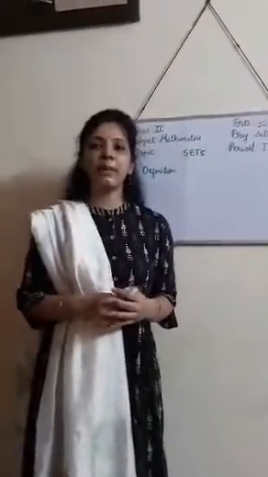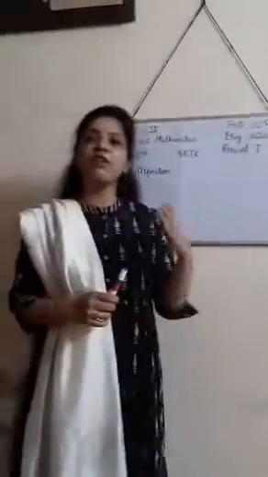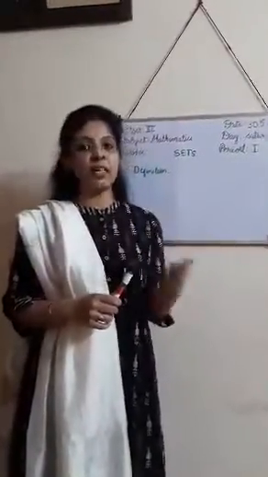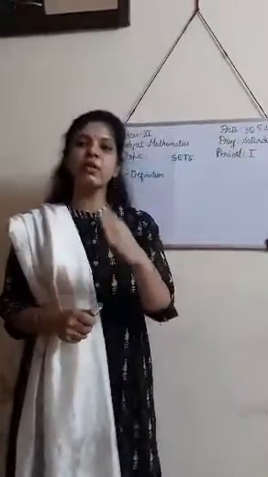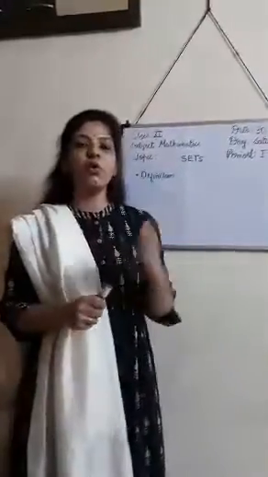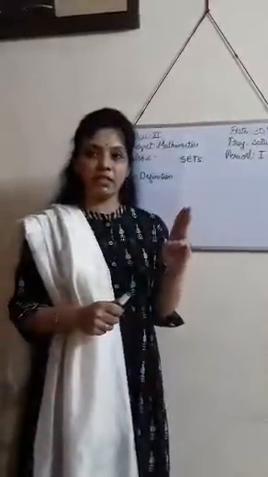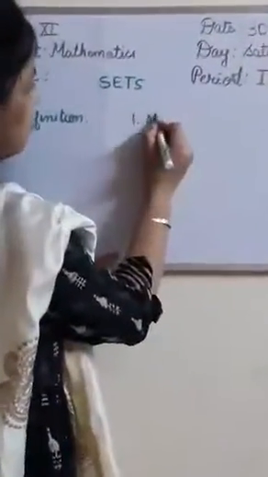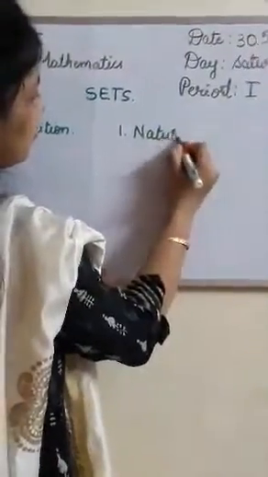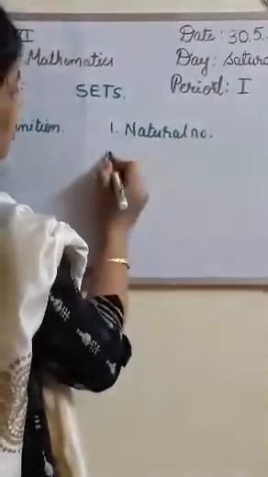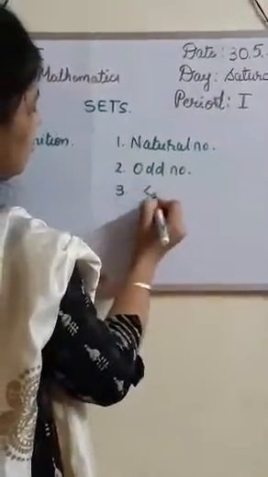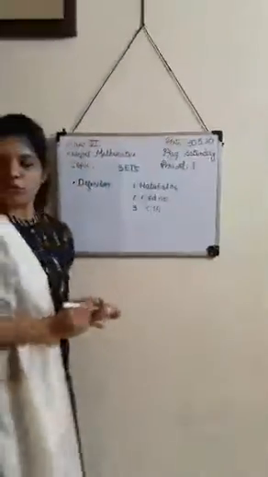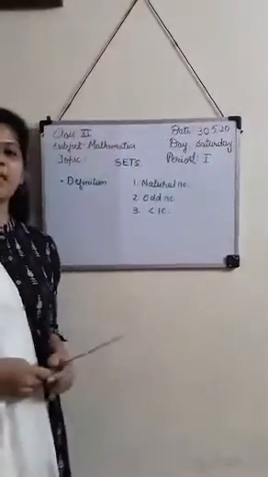Again, take one more example. Collection of natural odd numbers which are less than 10. What did I say here? Collection of natural odd numbers which are less than 10. So here there are 3 characteristics of the number. So what are the 3 characteristics in the example?